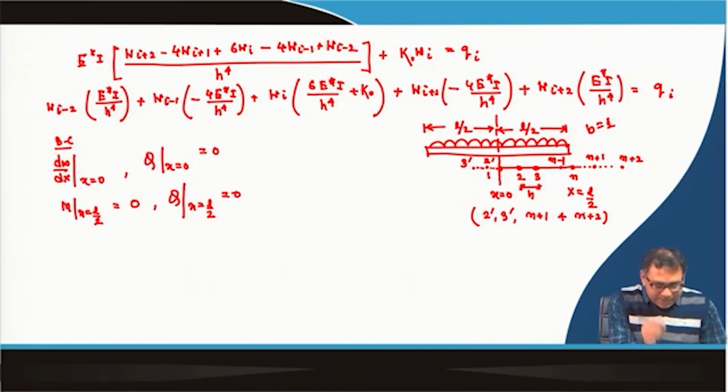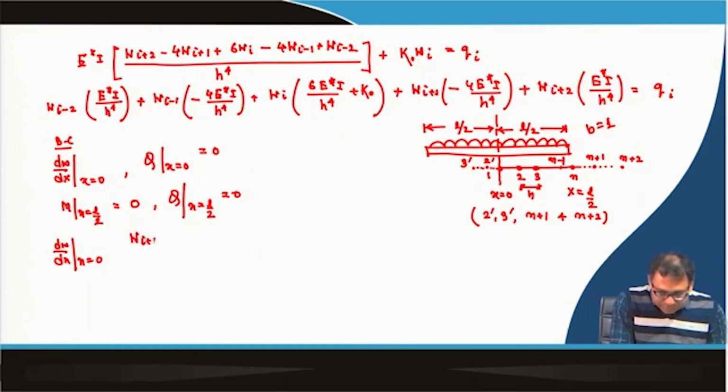Now, if I apply the boundary conditions at the center, that means at i equal to 1, the first node, we have to apply the first 2 boundary conditions, because it is x equal to 0. So, applying dw/dx at x equal to 0, I can write (w(i+1) minus w(i-1)) by 2h equal to 0.